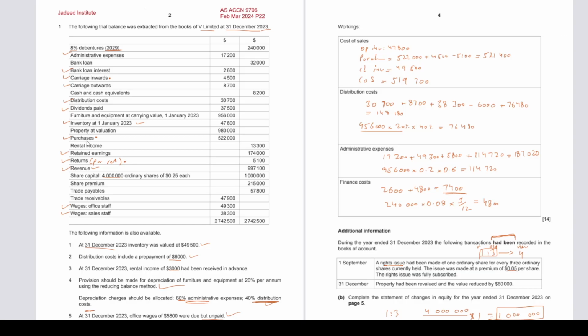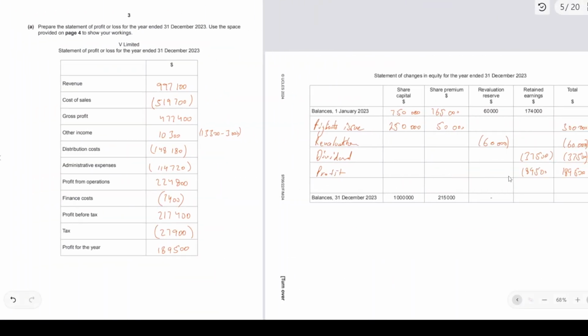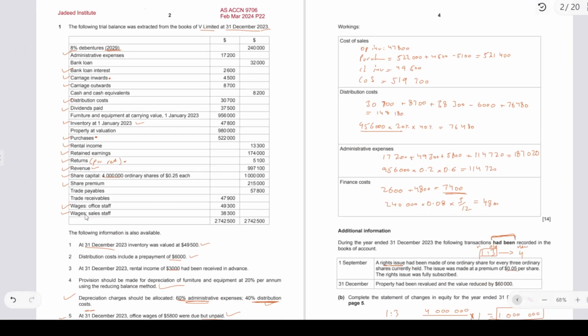Moving on. Rental income, we considered that. Share premium, considered. Trade payables, receivables, this is just unused in this question. We didn't use this information. Depreciation, used that. Okay, we're not missing anything, I hope. Although there's this empty space. Is there any transfer to general reserve?